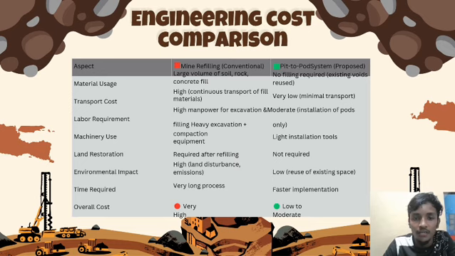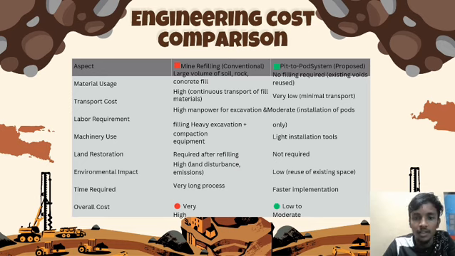Let's compare conventional mine refilling with our pit-to-port system. Material usage: refilling means huge volumes of soil and concrete. We reuse existing voids, so near-zero fill material. Transport cost: refilling requires continuous transport over many trips.